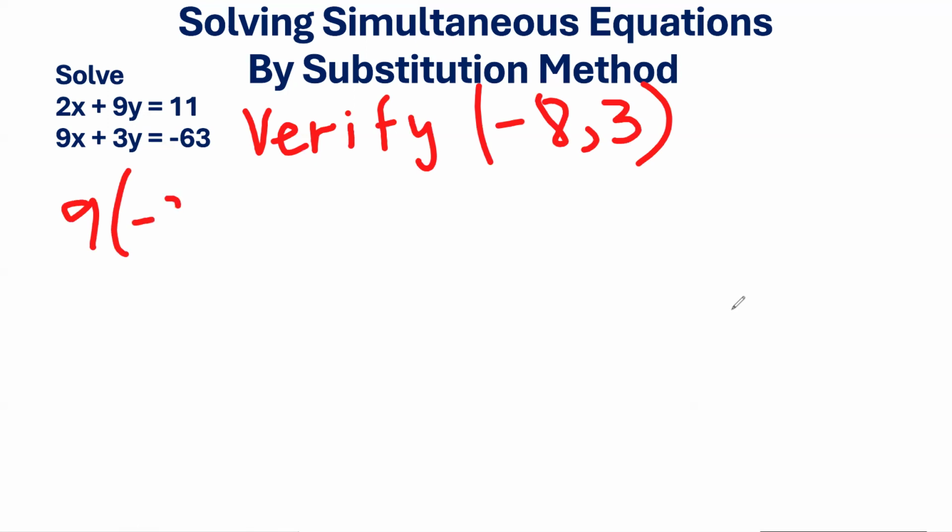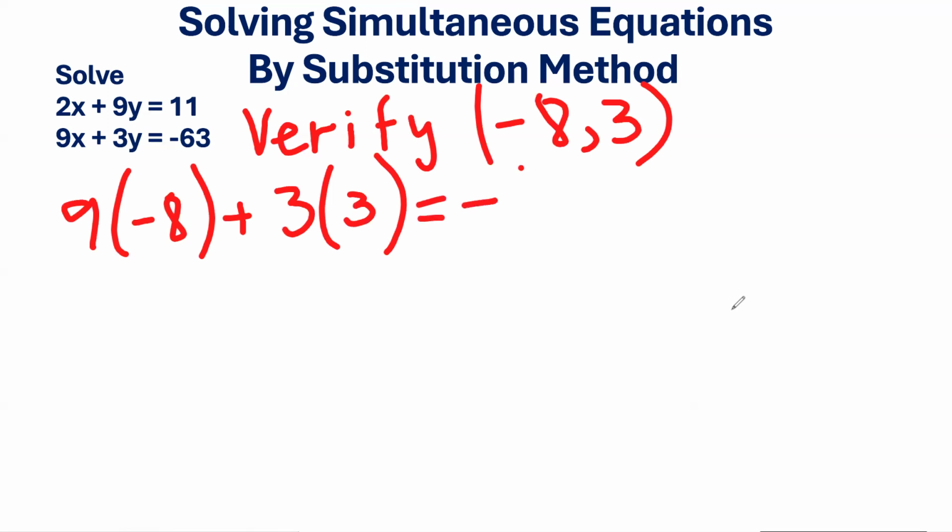You can use any equation. Equation number 1 also can be used for verification. And y is equal to 3. What is the next step? 9 eights are 72. Minus should come. 3 threes are 9.